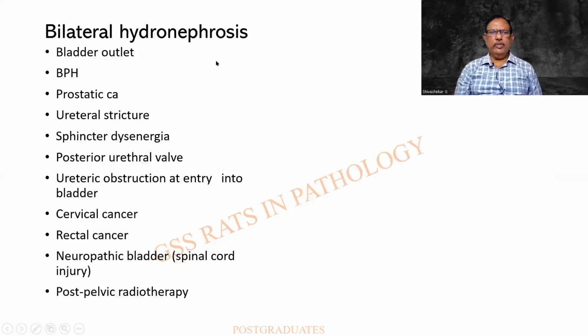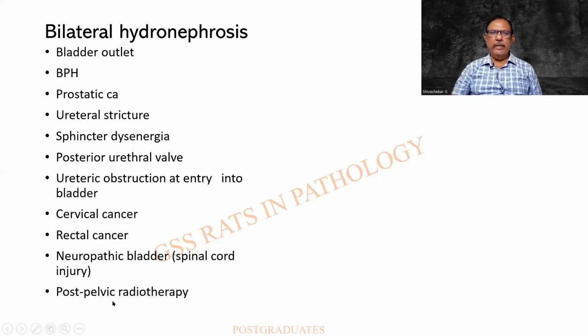Bilateral hydronephrosis, on the contrary, is when the obstruction is lower down, at the bladder outlet, or in a case of phimosis, benign prostatic hyperplasia, posterior urethral valve, urethral stricture, sphincter dyssynergia, or there can be ureteric obstruction at the point of entry into the bladder, cancer of the external structures, or a rectal cancer, neuropathic bladder, where the bladder is dysfunctional and there is a back pressure.